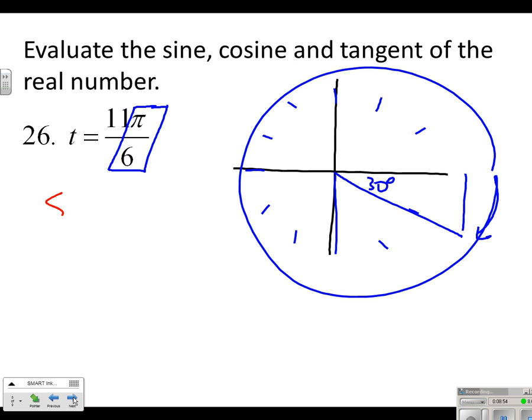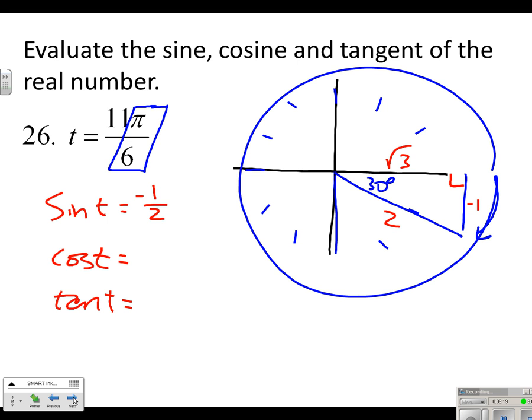Okay, we are to find sine of t, cosine of t, tangent of t. So our values: short, 30, 60, 90 right triangle, short side 1, long side hypotenuse 2, and root 3, but this is negative. Okay, sine, y on r, negative 1 on 2.